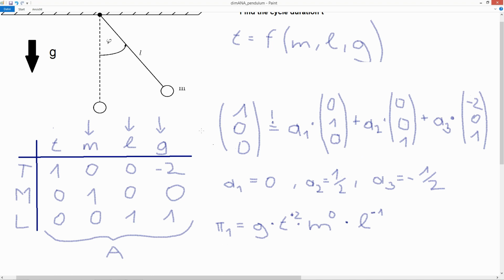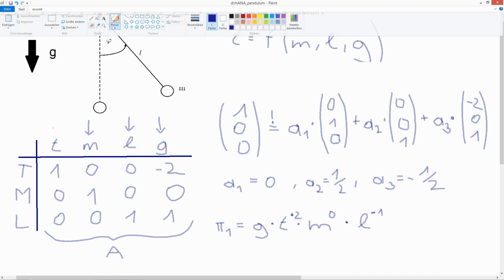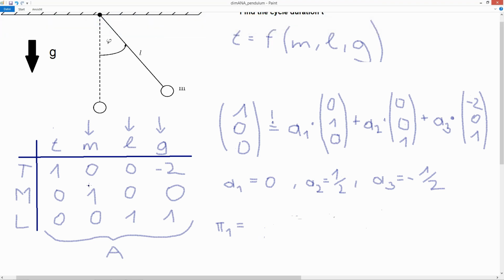For the pi factor pi1, we get t times, so then the values that correspond to the columns you picked earlier, so m times l times g.